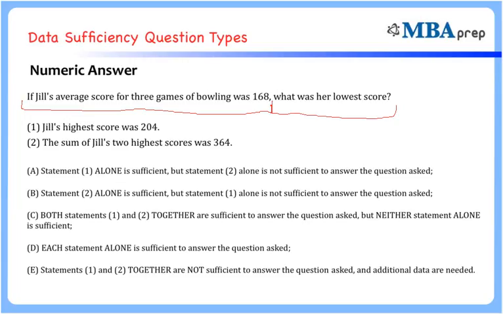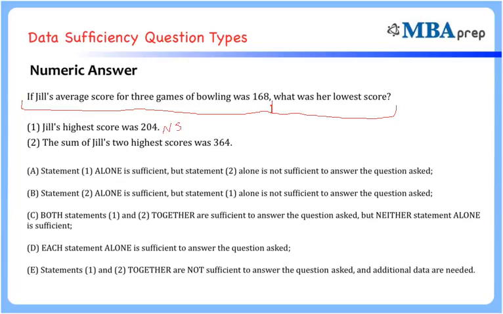First statement. G's highest score was 204. Well, if I have the average, I could find the sum, but I don't have the other scores, so I have two scores that I don't know. Can I determine what's the lowest? No. So this one's not sufficient.